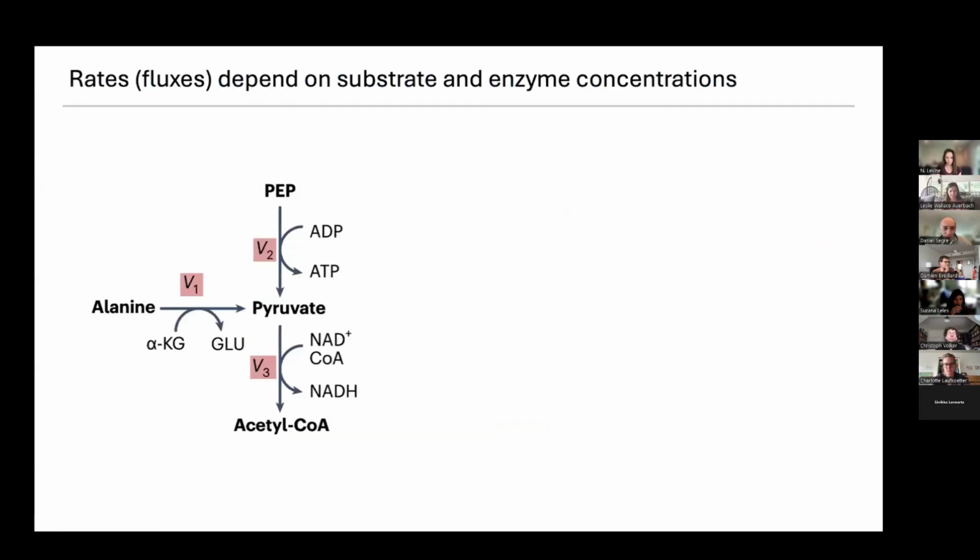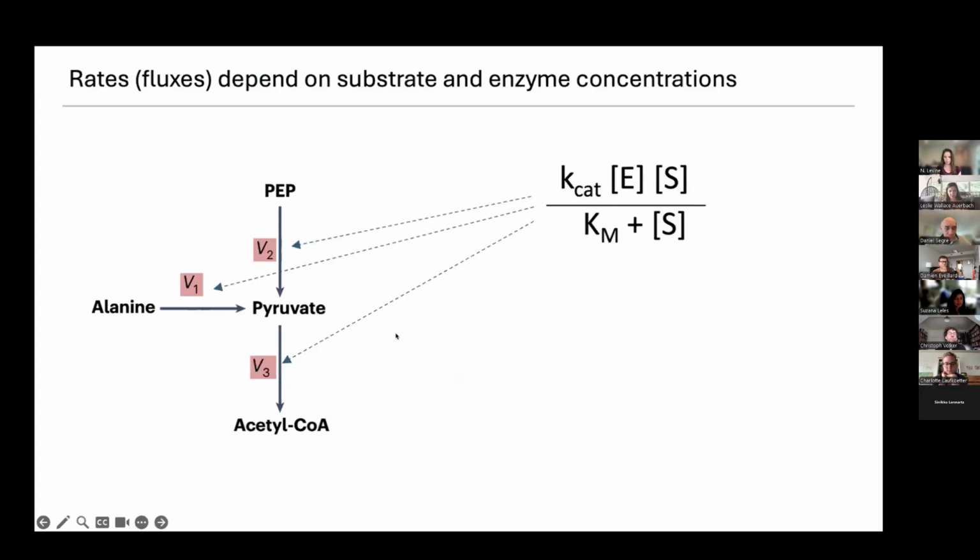I want to illustrate this with a very simple example, just to point out a few things that I think are really important. So this is a tiny reaction network with 3 fluxes. And if we wanted to model this with chemical kinetics, each of these fluxes would be a traditional Michaelis-Menten equation, probably more complicated than this one.